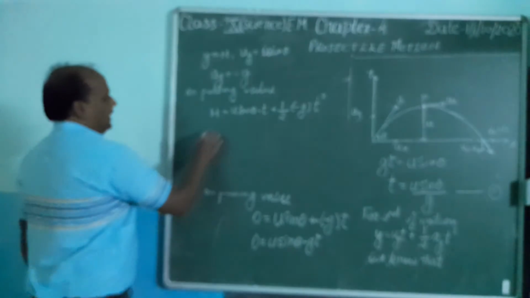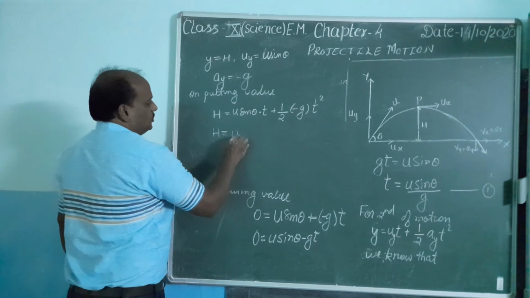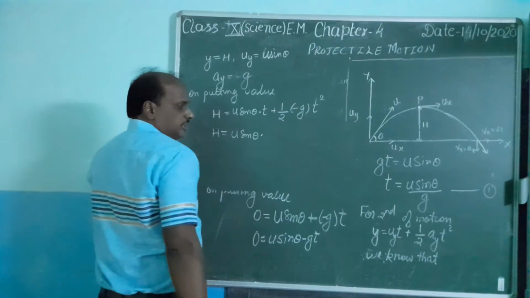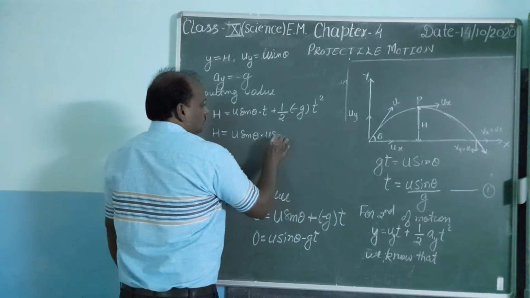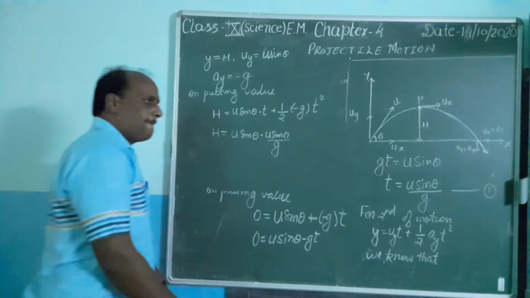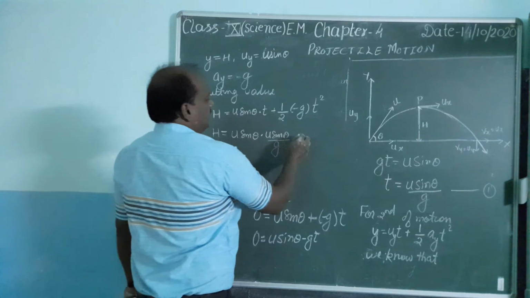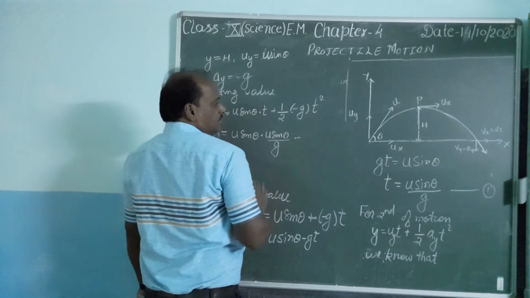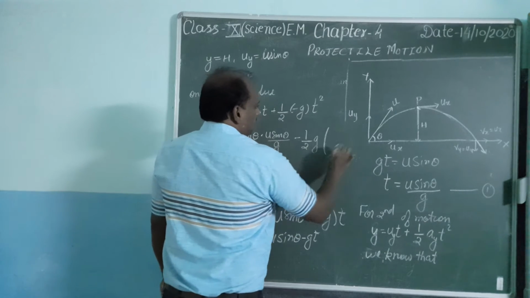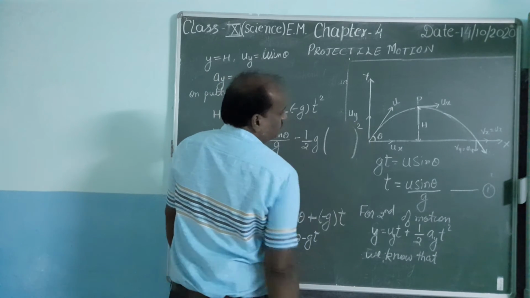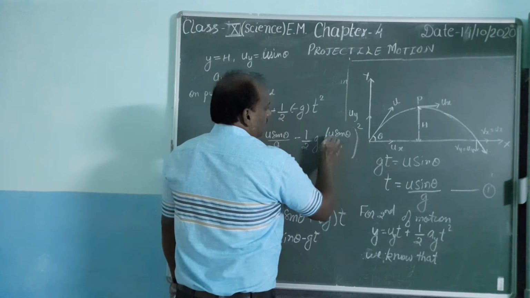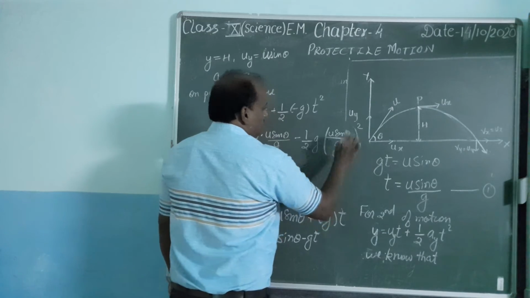It will become h equals u sin theta times u sin theta upon g, minus 1 by 2 g times, for t, u sin theta upon g.